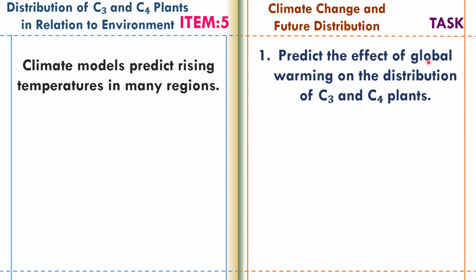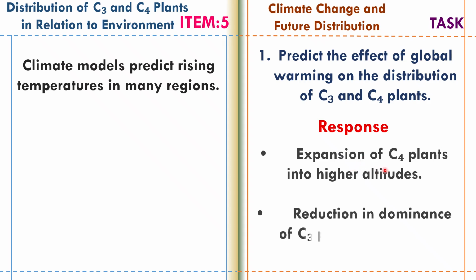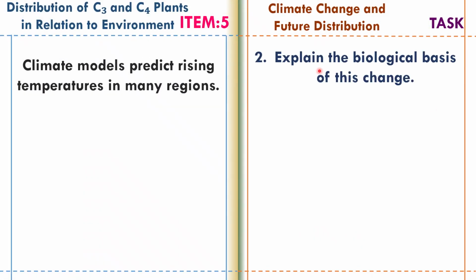Predict the effect of global warming on the distribution of C3 and C4 plants. Expansion of C4 plants into higher altitudes. Reduction in dominance of C3 plants in warmer regions. Explain the biological basis of this change.